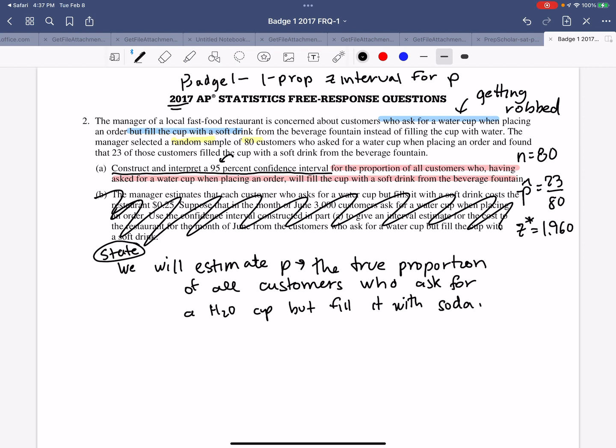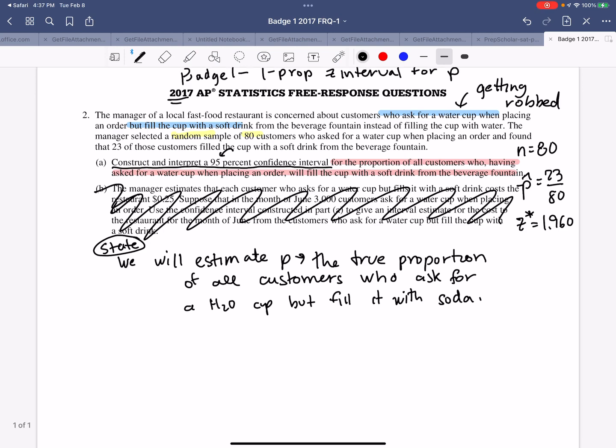So in a way, that's how many customers are stealing from them, because they're getting a water cup for free, but in a way of getting around not paying for soda. Okay. So it looks like we have some amount of evidence that there are people stealing, and we can create a 95% confidence interval to tell us the proportion of those who are doing that.